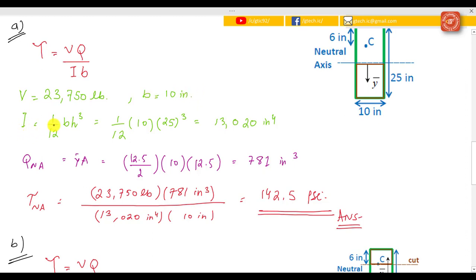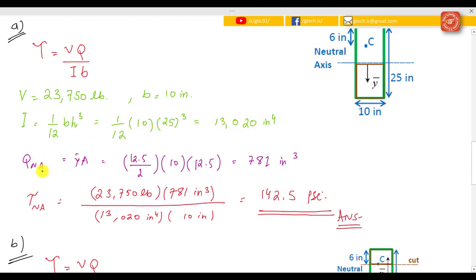For finding the area moment of inertia, we know that it's equal to 1 over 12 times base times height cubed. Substitute the base and height values in this term and the area moment of inertia would be 13,020 inch to the power 4.